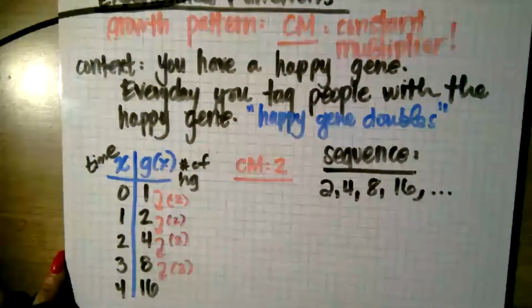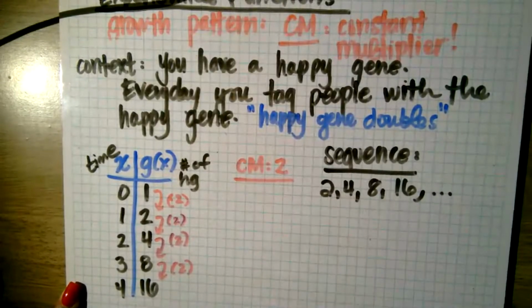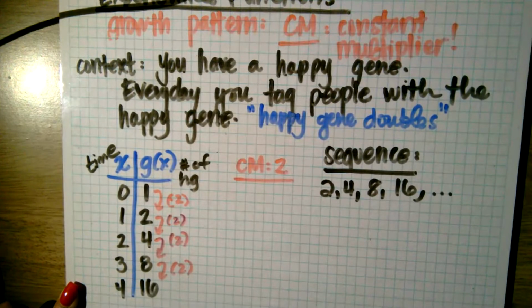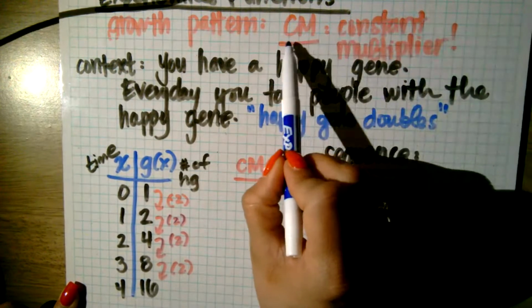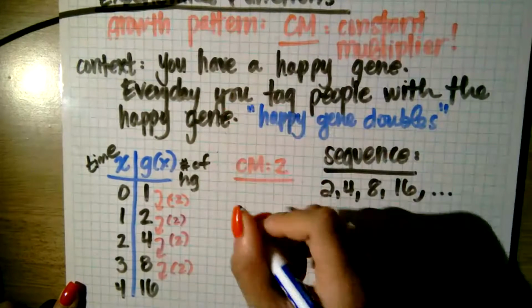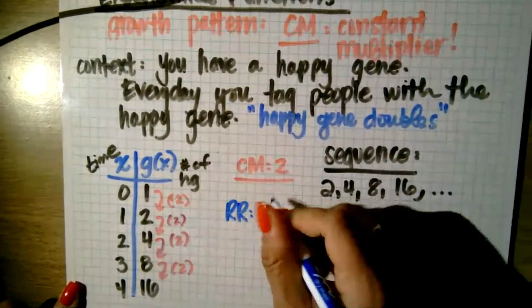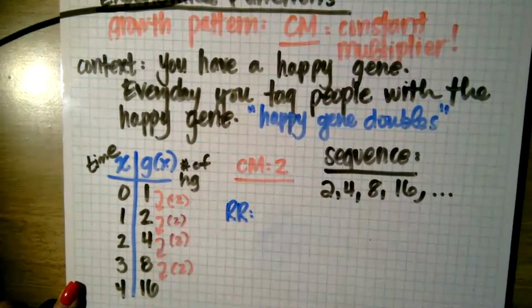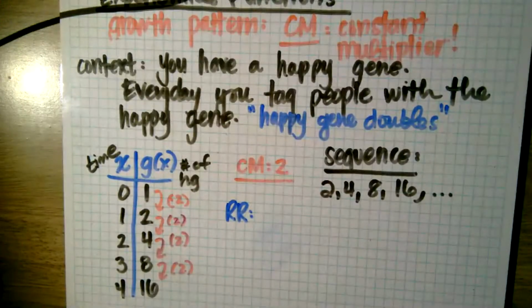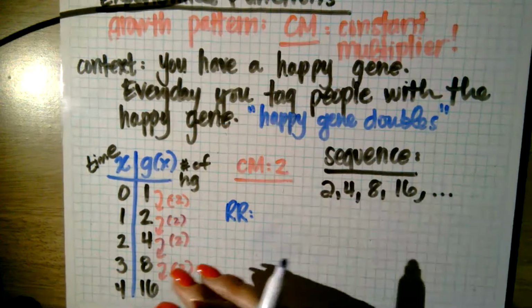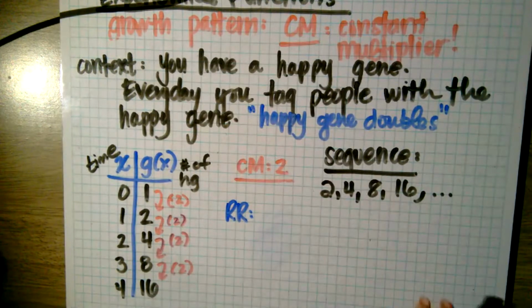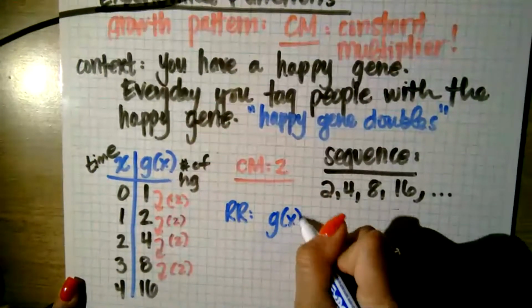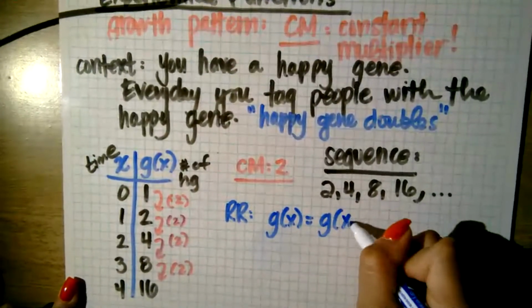If you'll notice, the recursive rule is going to be very similar to the linear function, just that instead of a CA, it's going to have a CM. But the rest of it is the same. The recursive rule will say, and I'm using g of x because this is now a new function. You can use h of x, g of x, p of x, as long as I'm bringing 2 functions into this lecture, so that's why I'm changing the letters. g of x is equal to g of x minus 1.